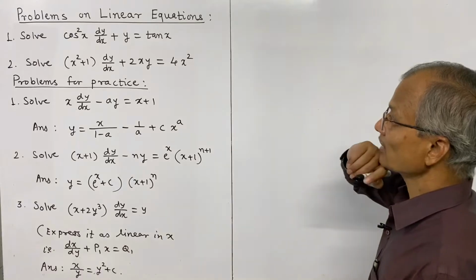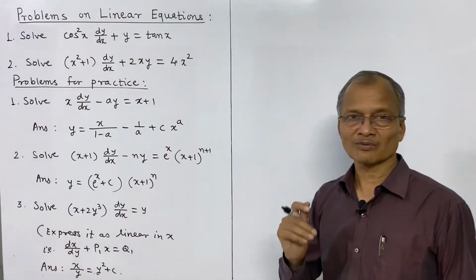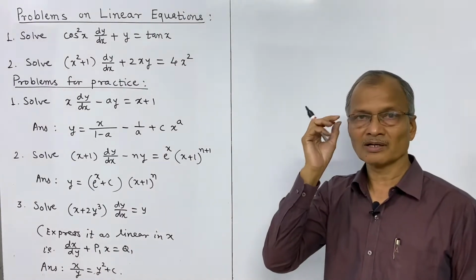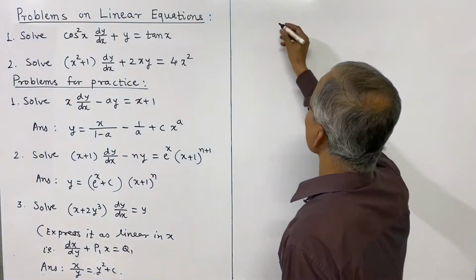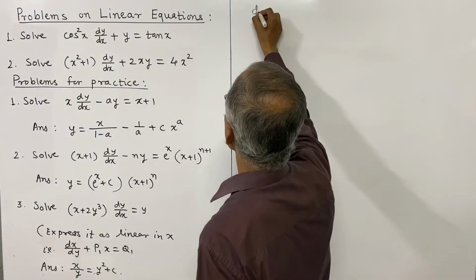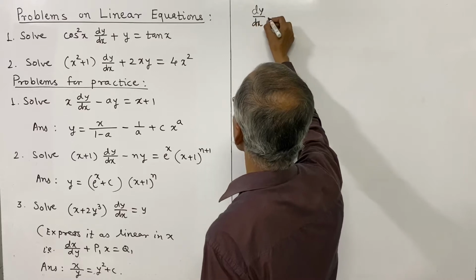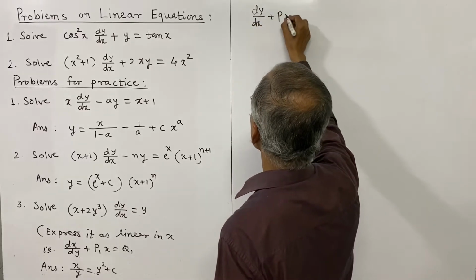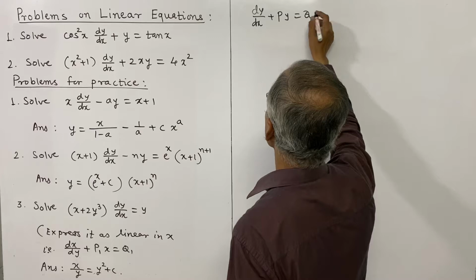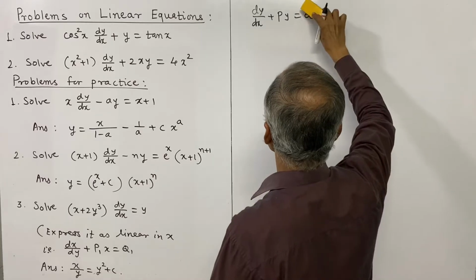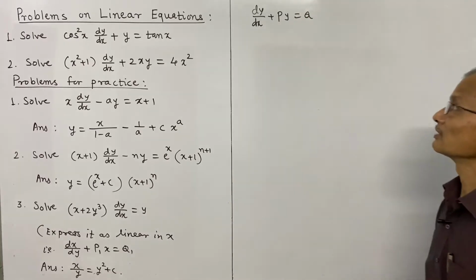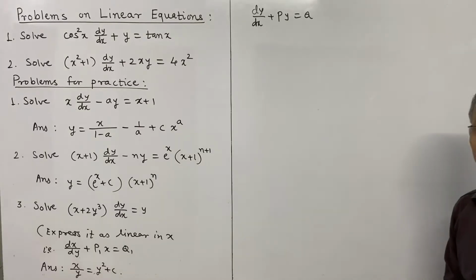Now, in our earlier lecture, we have seen the method to solve a linear differential equation. An equation of the form dy by dx plus py is equal to q, where p and q are functions of x or constants, is a linear equation.